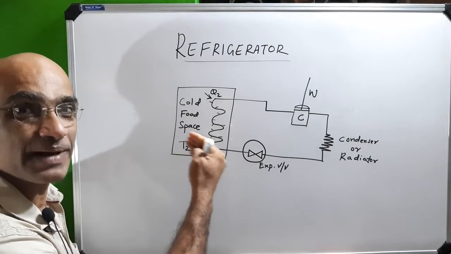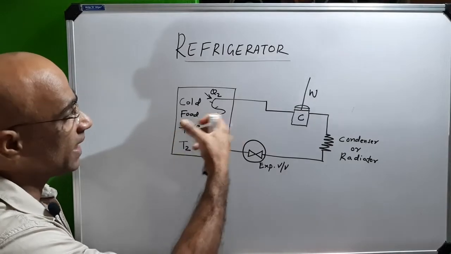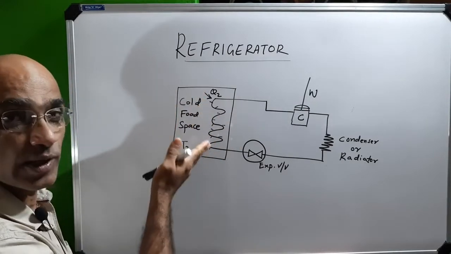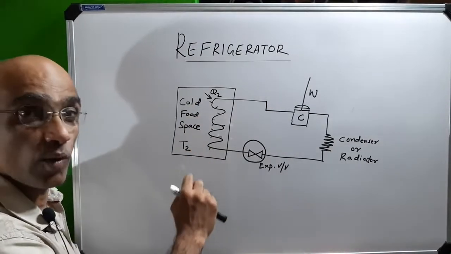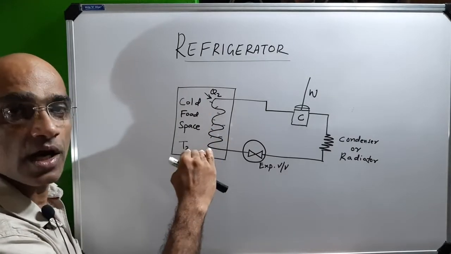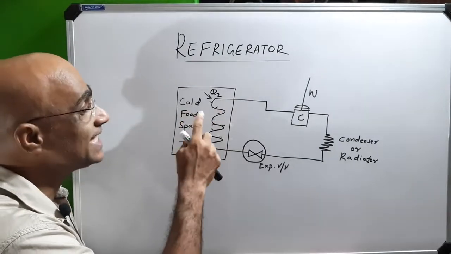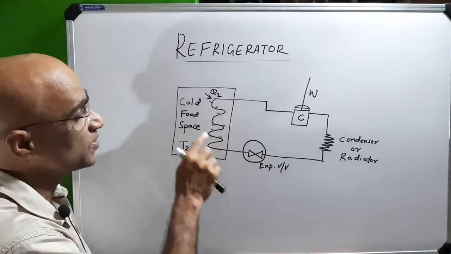The food that is placed warm is made cool by air that is circulated in this space by means of a fan, and the air that moves in this cold food space will transfer the thermal energy, the heat energy, into the refrigerant that is present inside the coil through the fins.